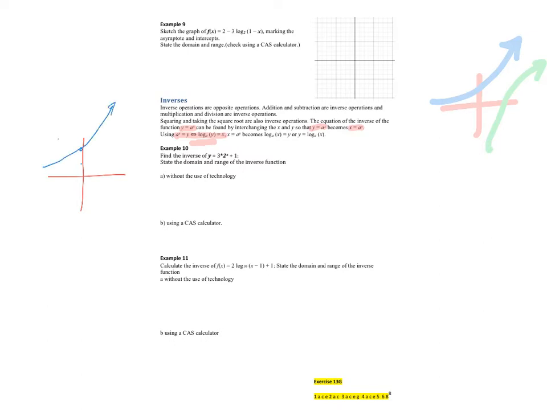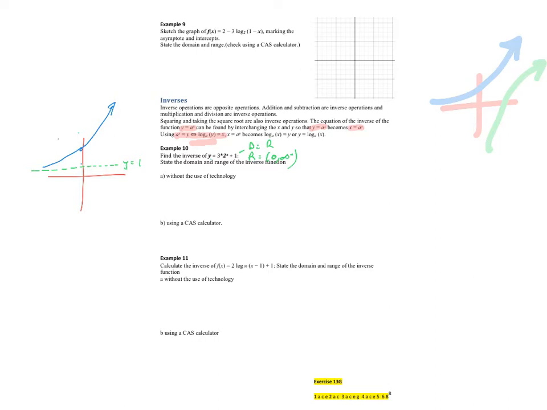My graph looks a little bit like that, and the horizontal asymptote is up here at y equal to 1 instead. So you can see the domain is R, and the range is 1 to infinity. We'll keep that because we're going to use it for our inverse function.